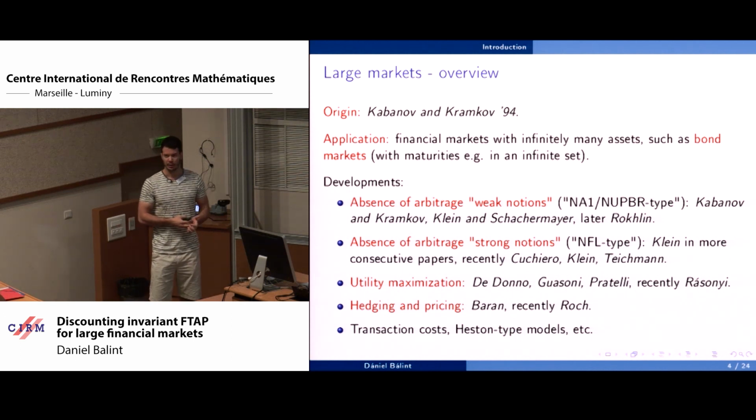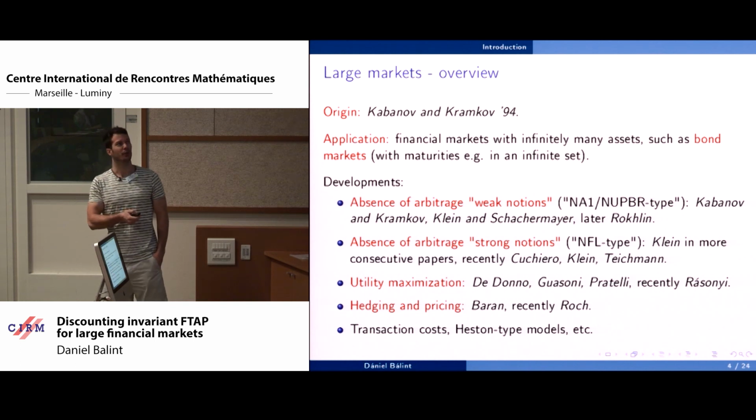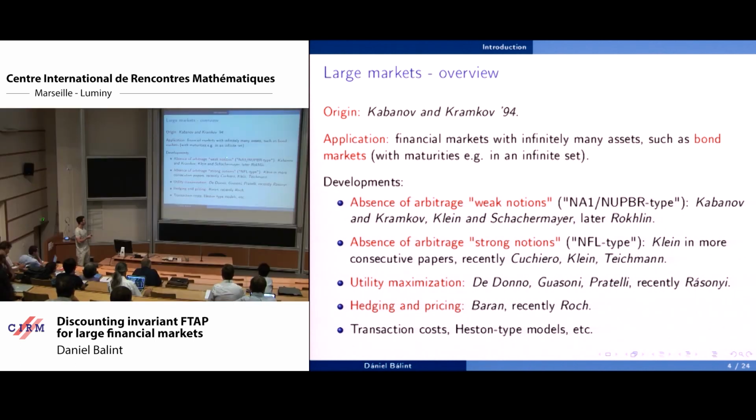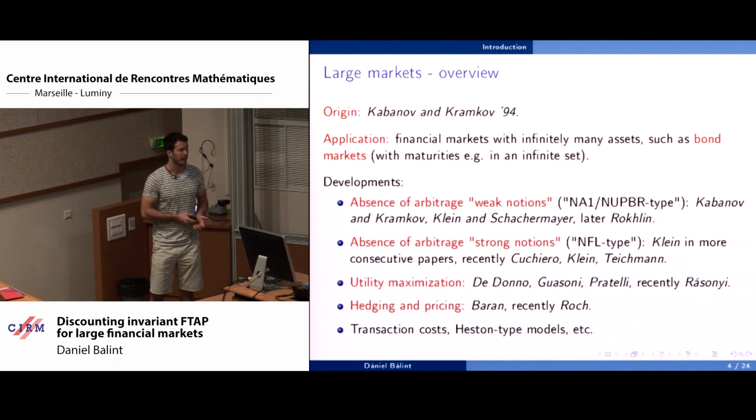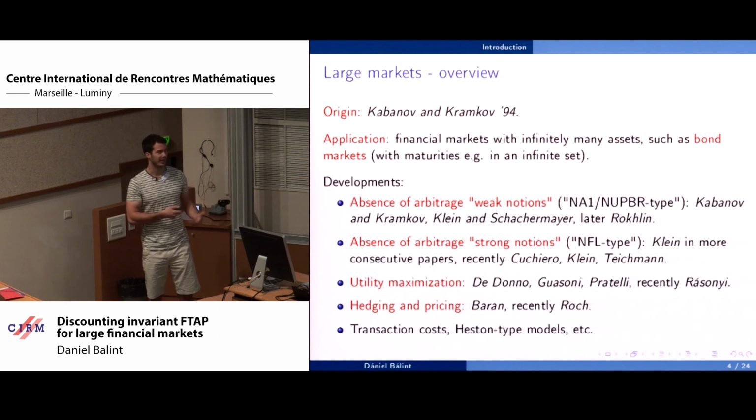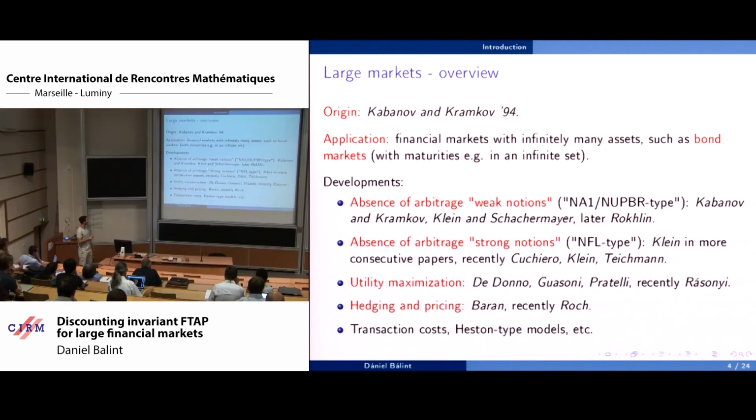Yeah, so there is, I would say, a considerable amount of literature, not a huge literature on that, but also not small, which we briefly overview. Absence of arbitrage in the weak sense, by which we mean something like no arbitrage of the first kind or NUPBR, was developed first, as I mentioned, by Kabanov and Kramkov, then Klein and Schachermayer, as well as later in 2007 by Rokhlin, as the work of Karatzas and Kardaras appeared, and based on that they improved absence of arbitrage theory.